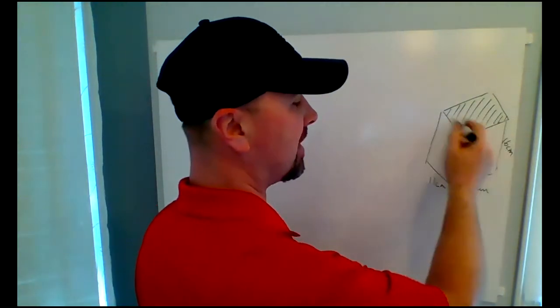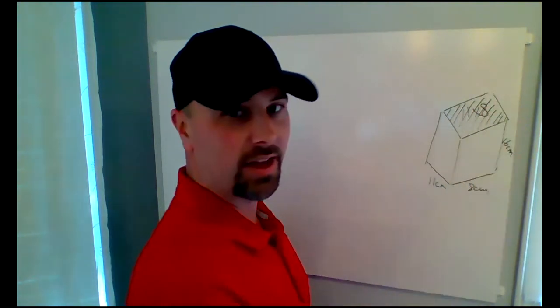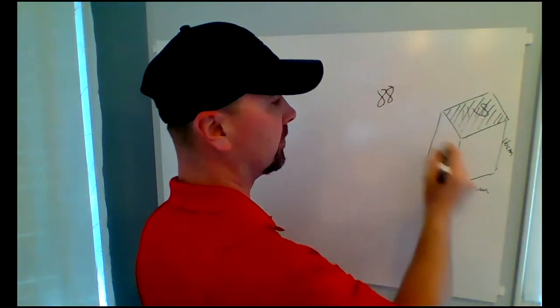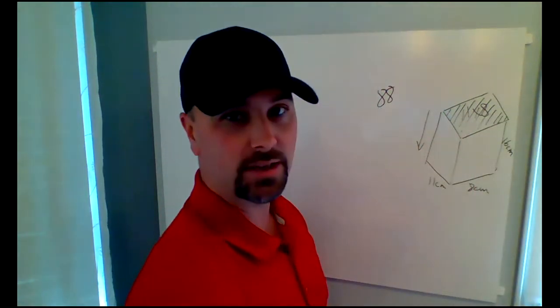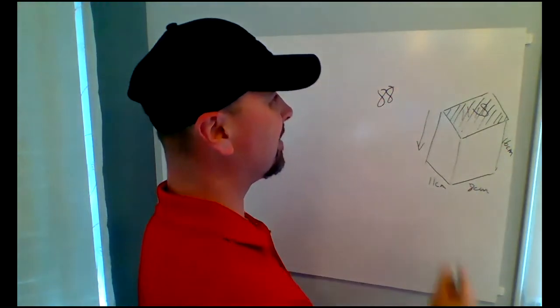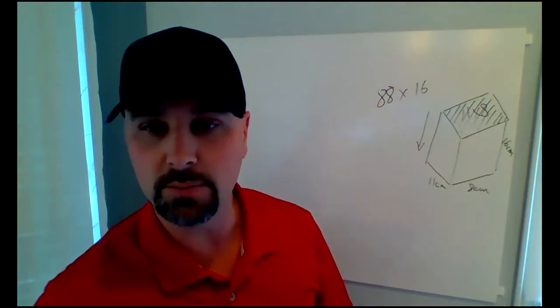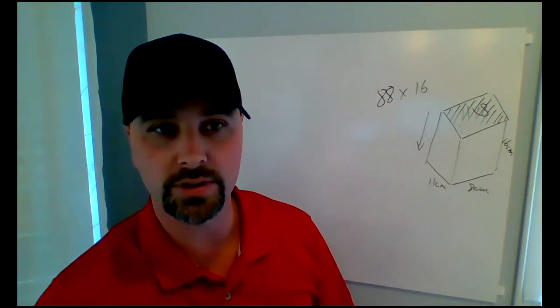So 11 by 8 is what this top one is. 11 by 8 is 88. 88, but then 16 centimeters worth. So drag down times 16. 88 times 16 is going to be the volume of this.